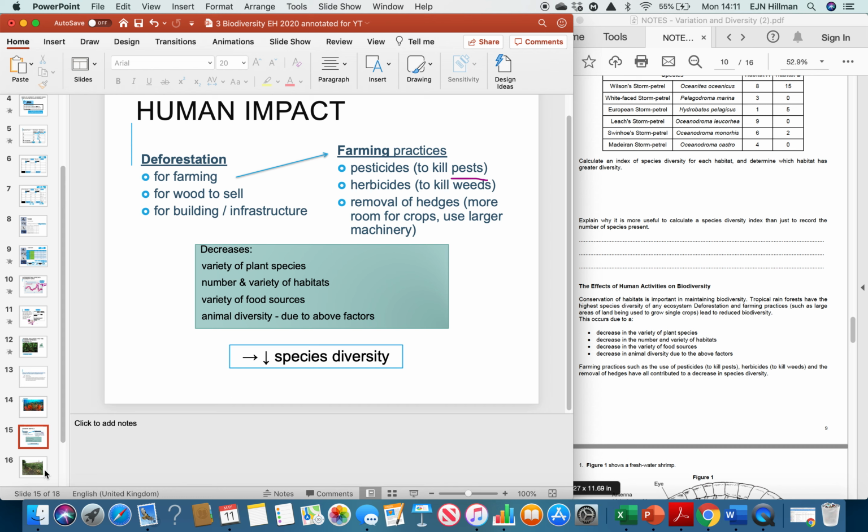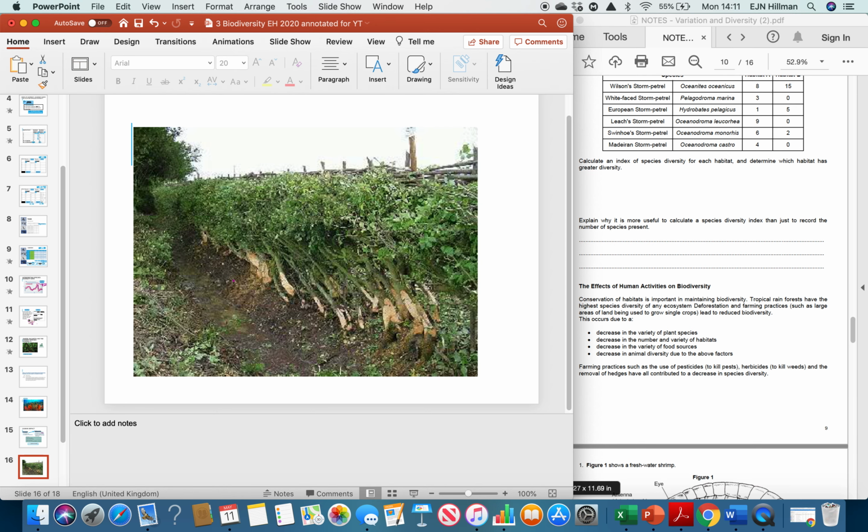Now, I said this to a class a couple of years ago, and I talked about it for a few minutes before realising that people didn't know what a hedge was. But a hedge is the barrier, the border at the edge of a field. So hedgerows are used as borders, perhaps to form a boundary between two different fields. Perhaps animals are kept on one side, crops are kept on the other, and that's fine.